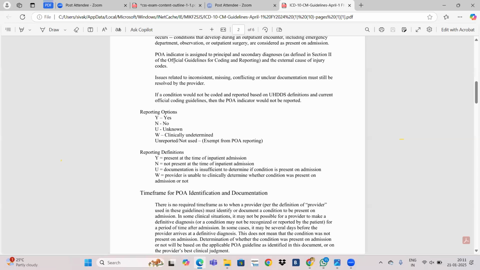So remember, issues related to inconsistent, missing, conflicting, or unclear documentation must still be resolved by the provider.